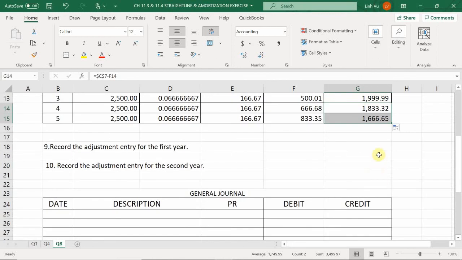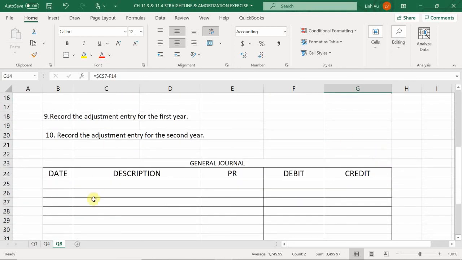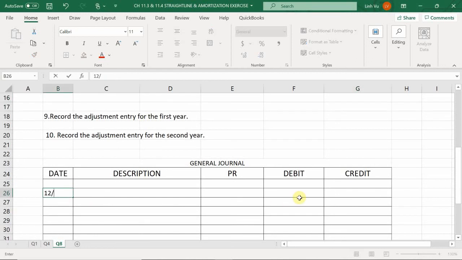So, last but not least, how am I going to put the adjustment entry for the first year? So let's journalize this right here. So December 31st, how would I journalize my adjustment? Amortization expense. Excellent.